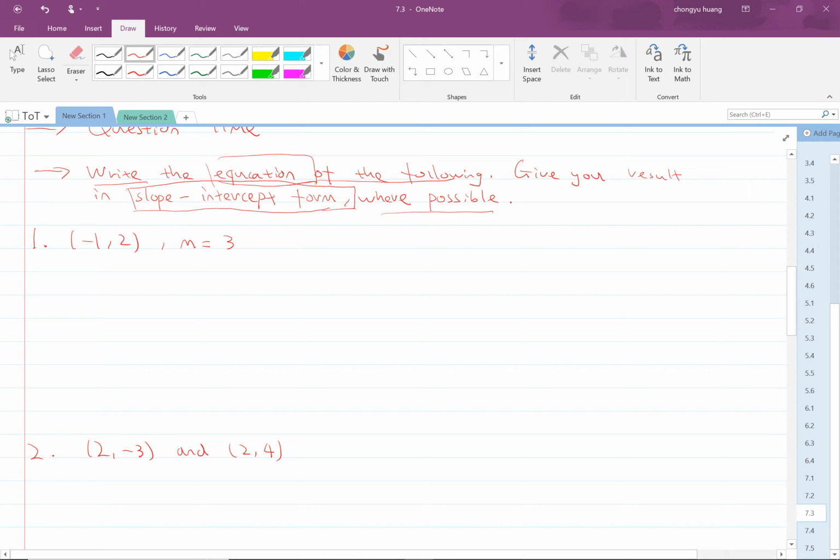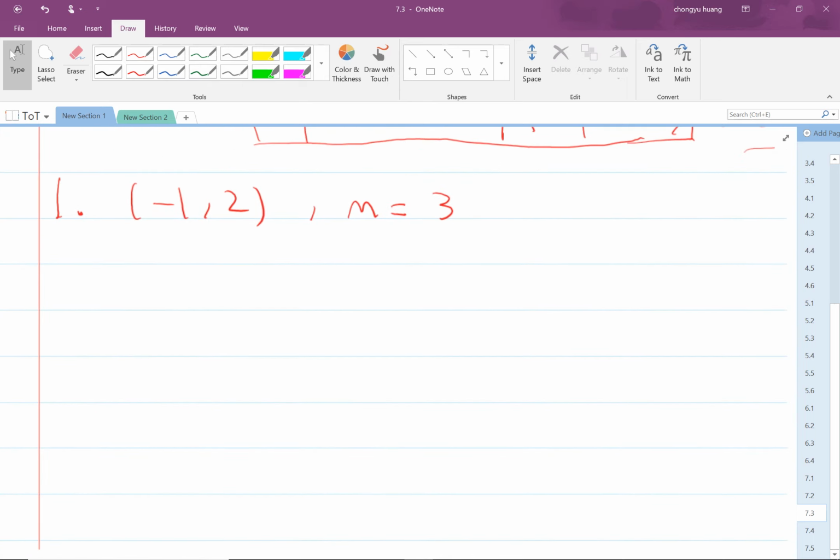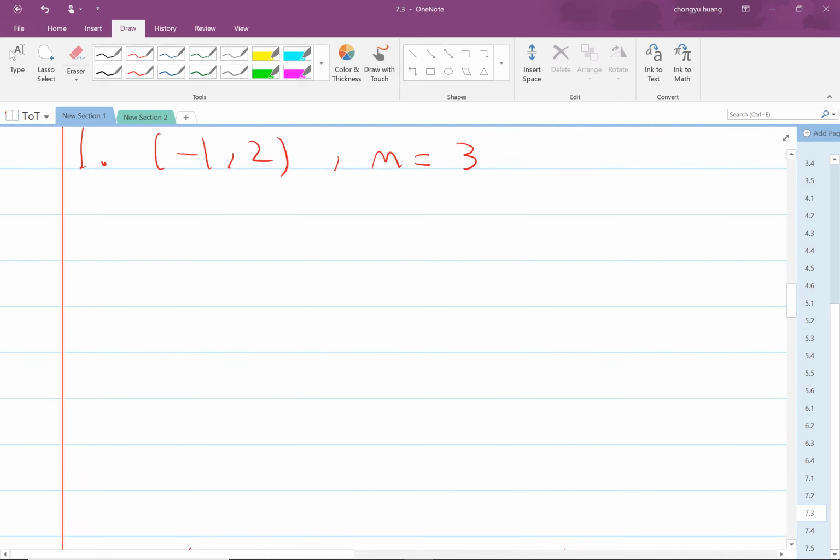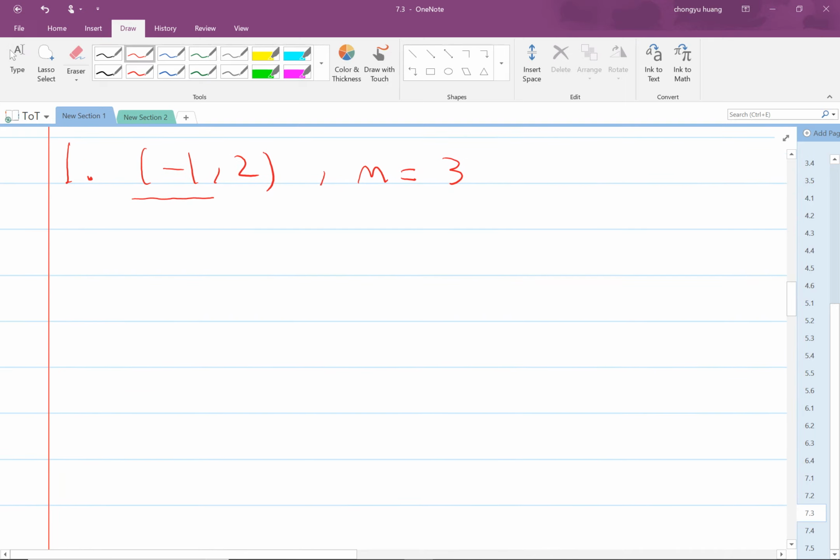So let's take a look at question 1 first. Let me zoom in a little bit. As you can see, we have a point and we have a slope, right? So you should know that we have to use the point-slope form.